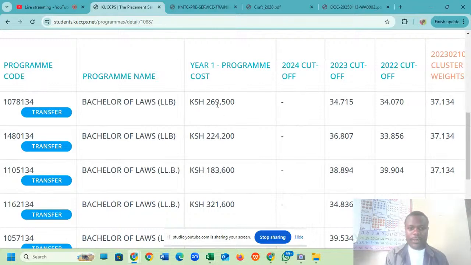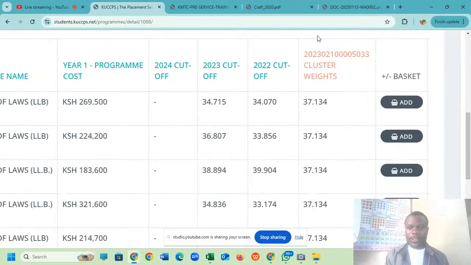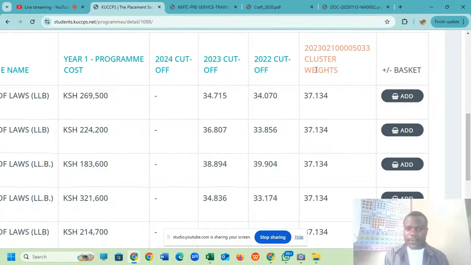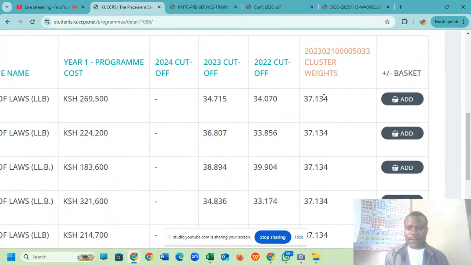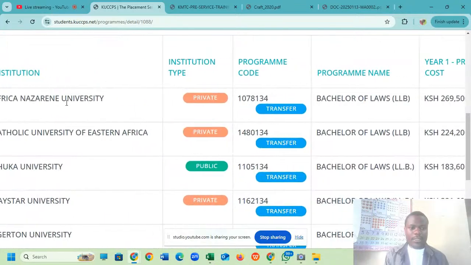So for year one is 269,500. Then at the end section, we shall have the cluster points. So the cluster weight here for the student is 37. For law it is 37.134.